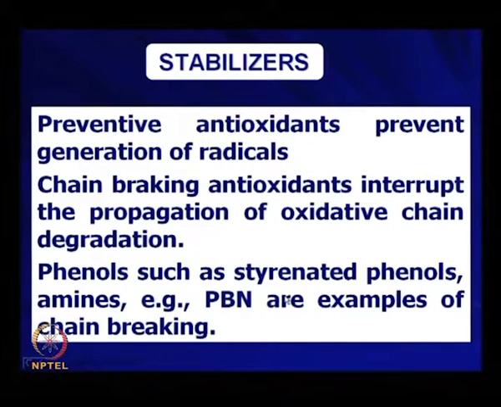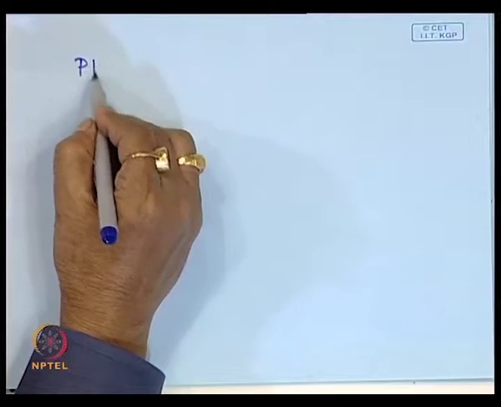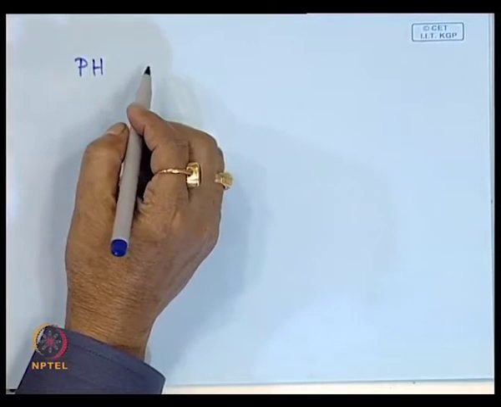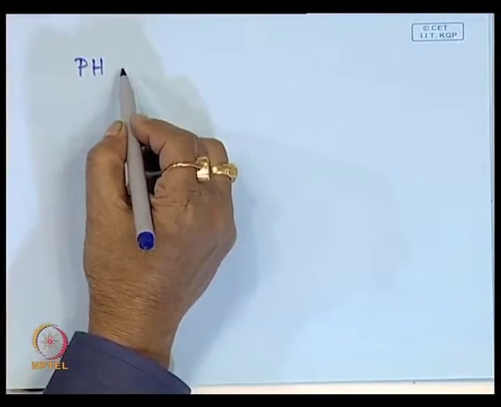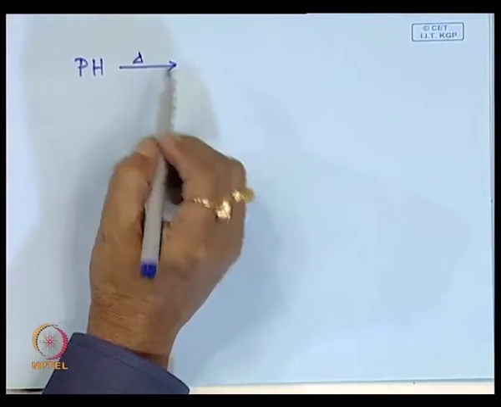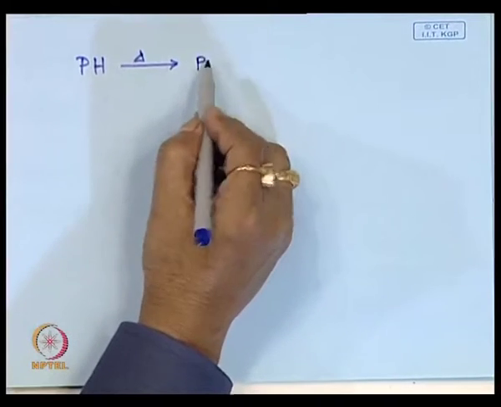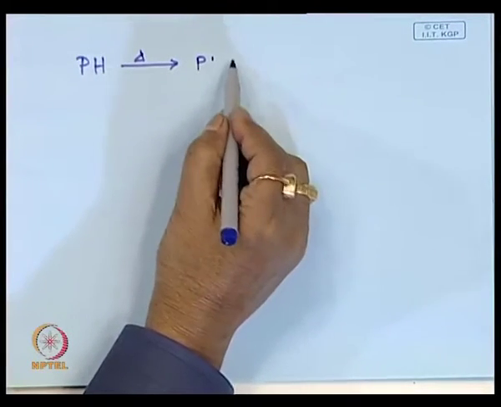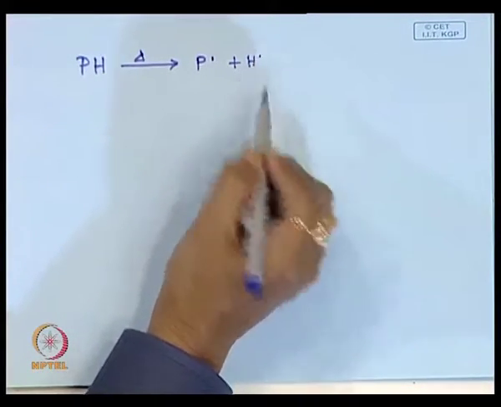Now, preventive antioxidants prevent generation of radicals. So, what happens, let me show you in general. Suppose this is a polymer, and some agency, suppose it is heat, produces free radicals: polymer radical and hydrogen radical.